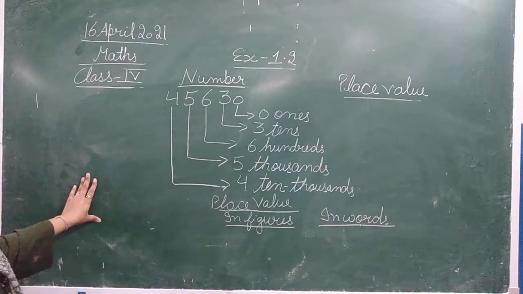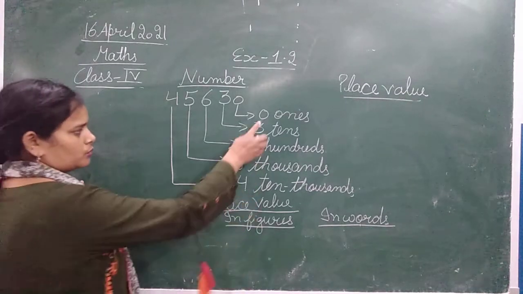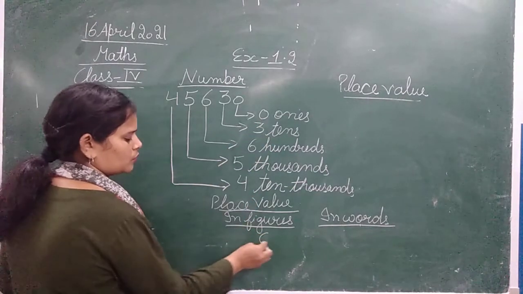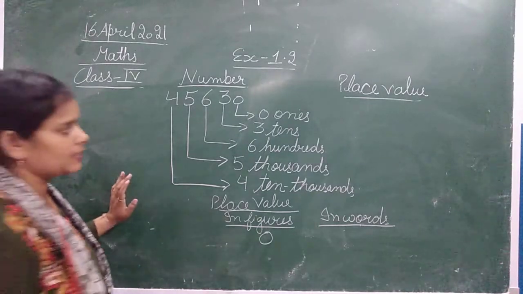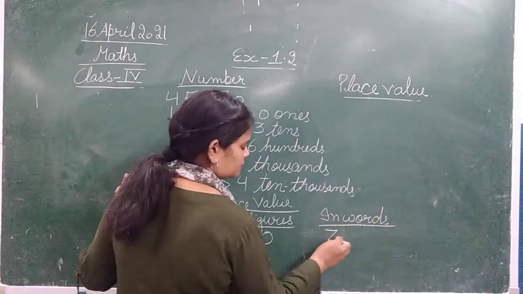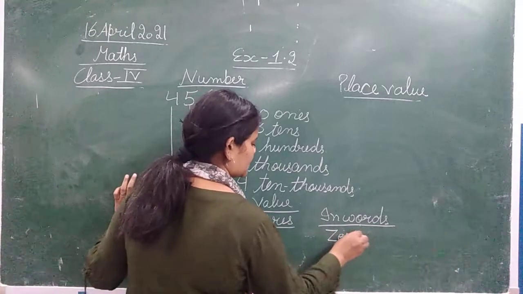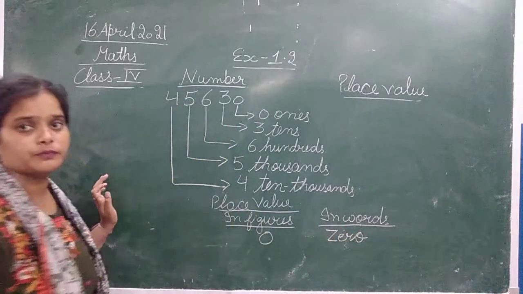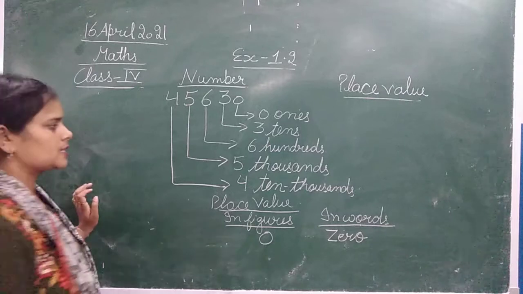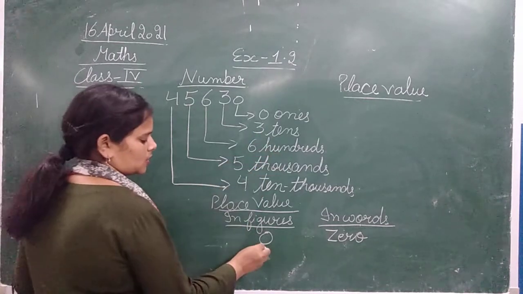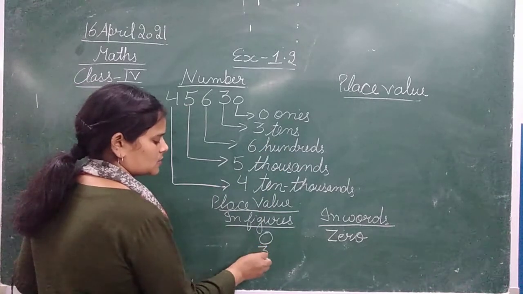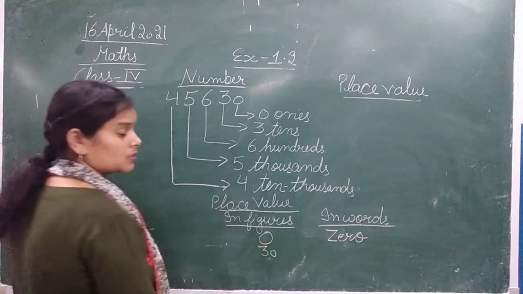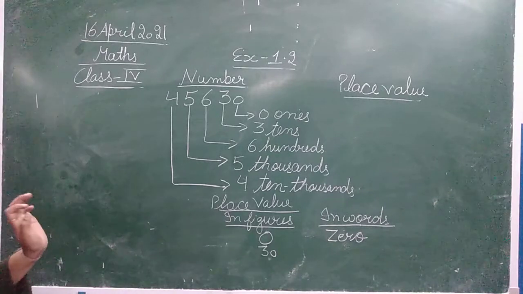0 it has ones place, so we will put 0. इसको हम क्या लिखेंगे? 0. In words we will write it as 0 only. Clear? Next is 3 tens. So 3 is at the tens place. तो tens में 0 कितनी होती है? 1. 10 में कितनी 0 होती है? 1 zero. So that is 30.